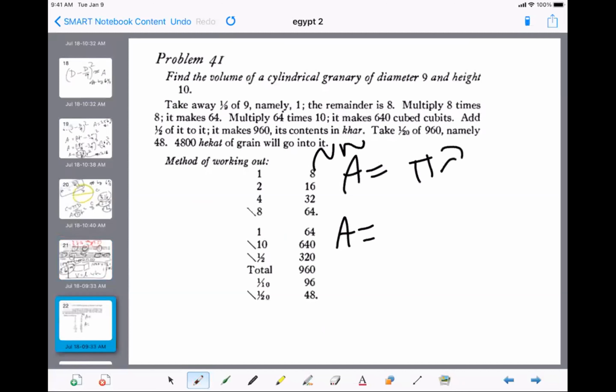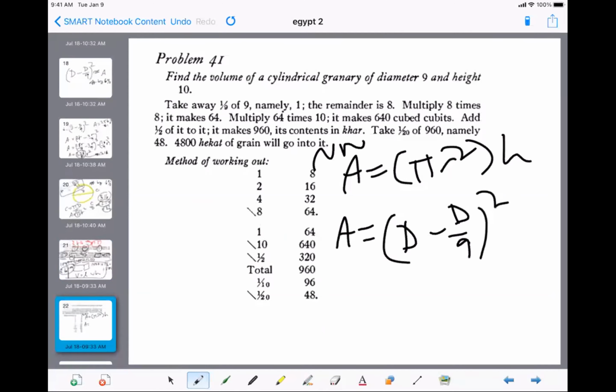But then it was d minus d over 9 squared h. The only thing that's surprising about it is that it's problem 41, when problem 50 was where they introduced the area of a circle. So they introduced the area of a circle in this volume question as problem 41.